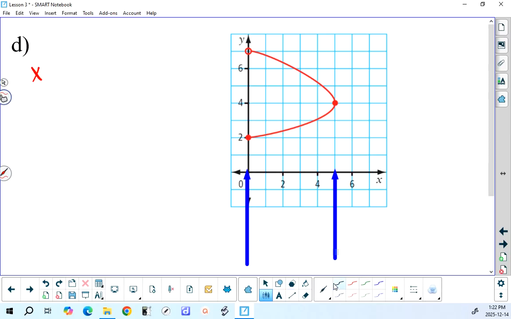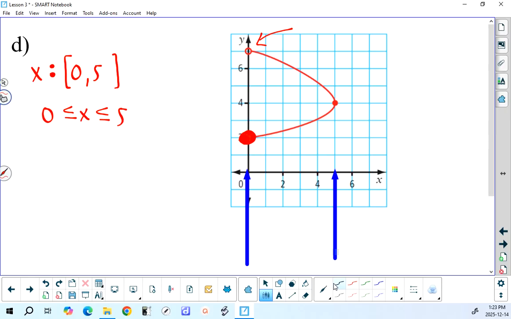So we can write x goes from and including 0. And this point right here is a point that has an x-coordinate of 0. It doesn't matter that this point up top is an empty point for x. X is still equal to 0 somewhere on the graph. And the maximum is at 5. Or you could write 0 is less than or equal to x, which is less than or equal to 5.